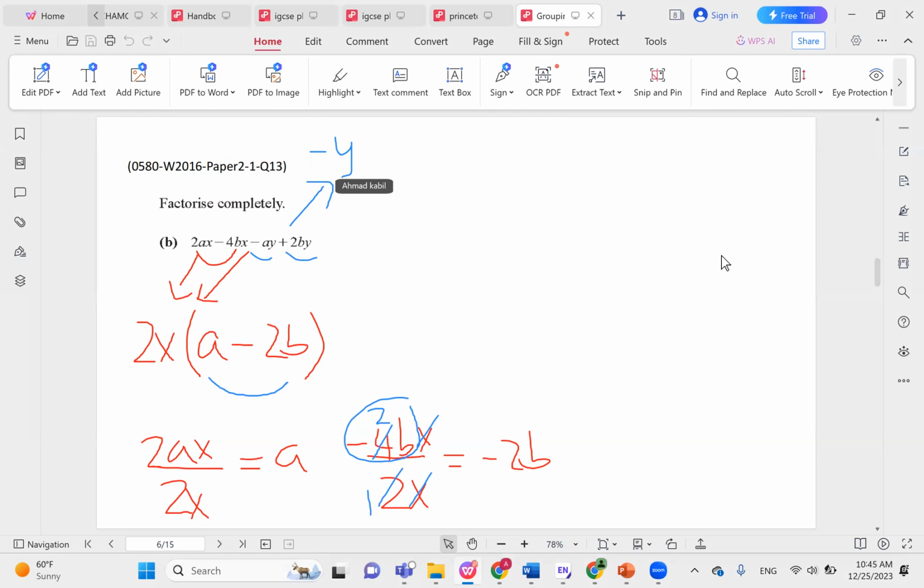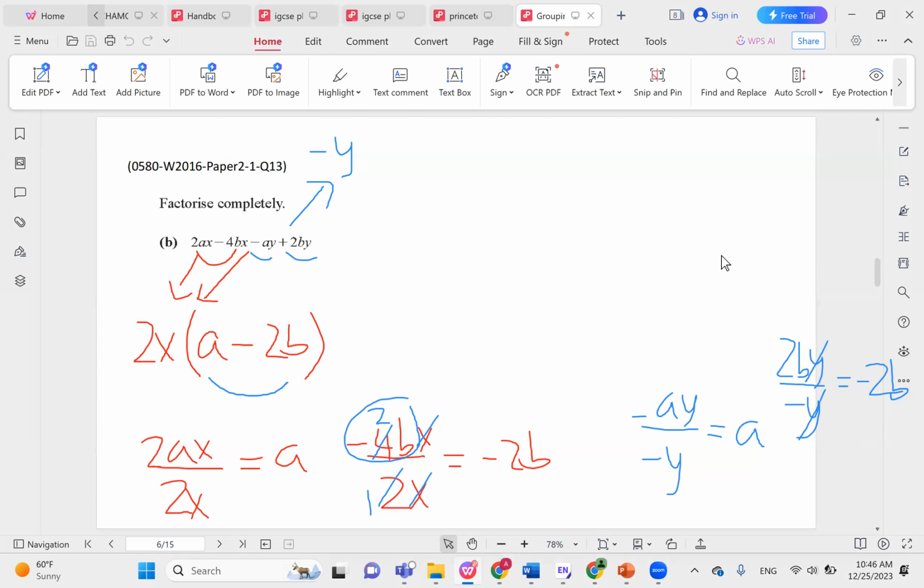Because if you take out negative y as a common factor and you try to divide the terms, you're going to get negative ay divided by negative y, which is positive a, and 2by divided by negative y gives you negative 2b. If you cancel out the y's, you just get 2b over a negative, which is basically negative 2b.